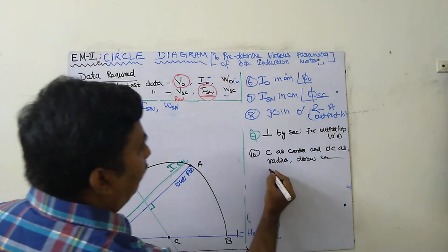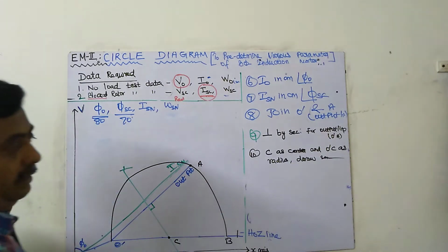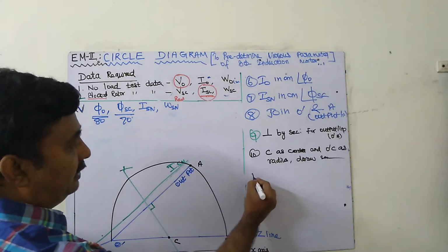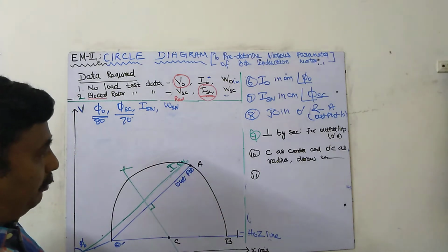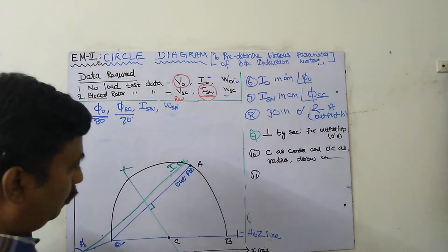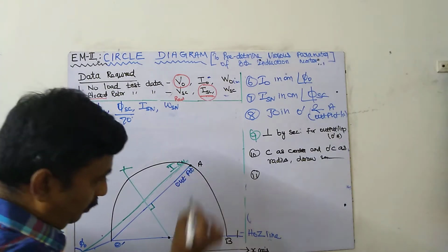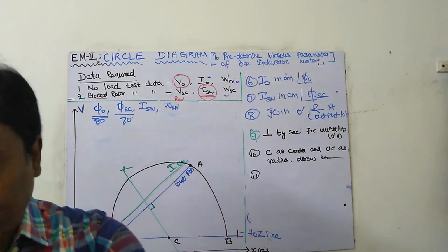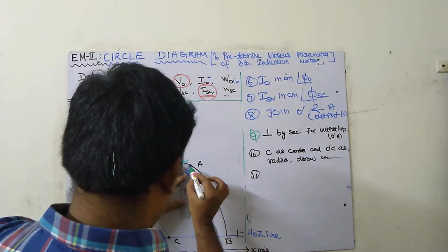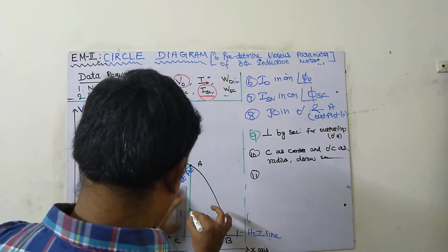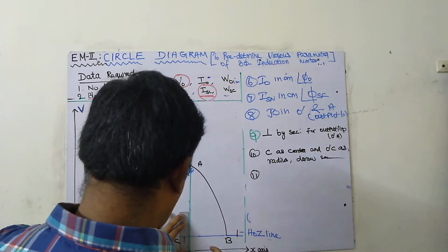Where will it touch? Definitely it will touch the point A. Next, the 11th step: we have to draw a perpendicular line from A to the x-axis.